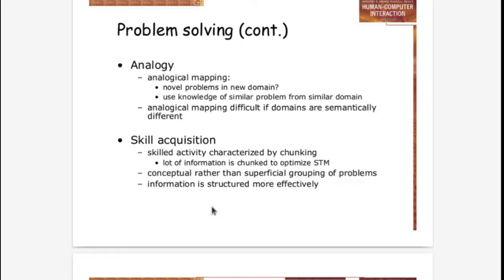It is considered that we are going to find the solution to some problem, but of course that problem is not so unfamiliar, it's almost familiar, but in skill acquisition the information in solving that problem is structured more effectively.